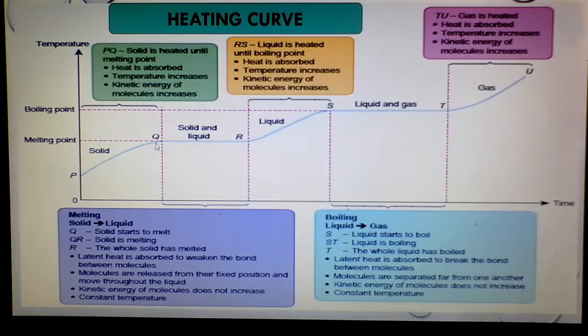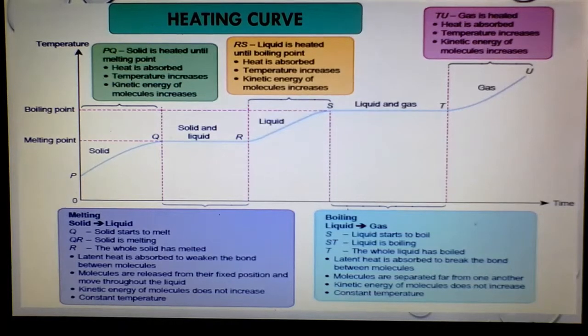So PQ is solid state. The heat is absorbed by the solid to increase its temperature, or the kinetic energy of the molecules increases. So for PQ, you can see there is a change in temperature, and there is no change in phase. So the name of the heat required here, we call it heat capacity. You will still remember the formula that we discussed in 4.2, Q equals m c delta theta.